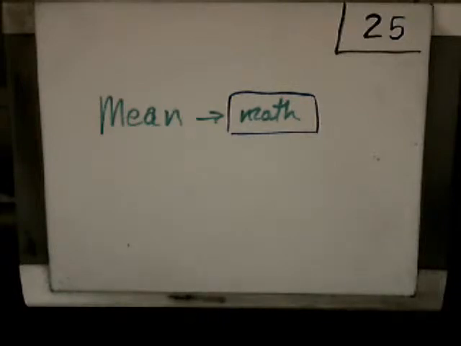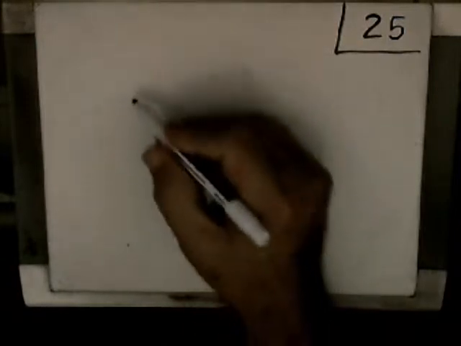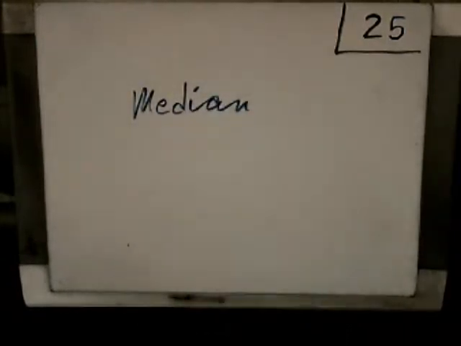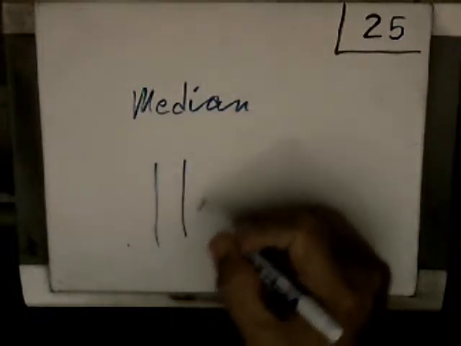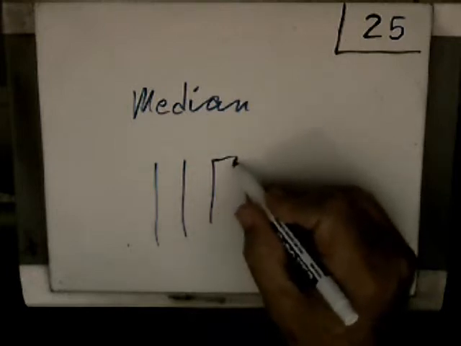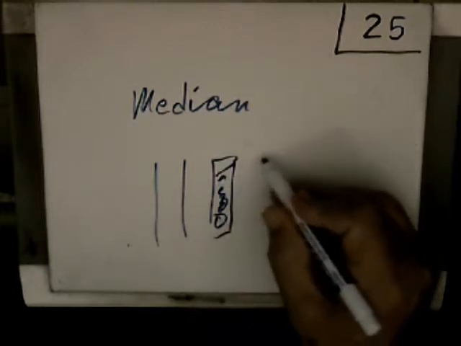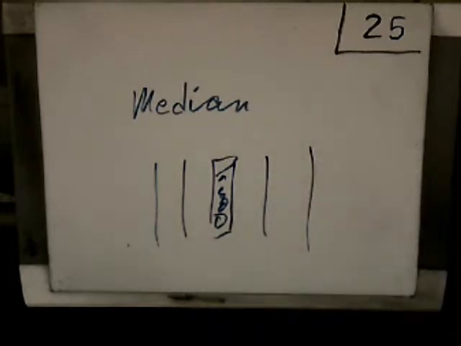Now, the other term that we talked about or showed on our preliminary was the idea of median. Well, if you're driving down a 4-lane highway, there is this part in the middle, at least if you're in California, there's a lot of these.